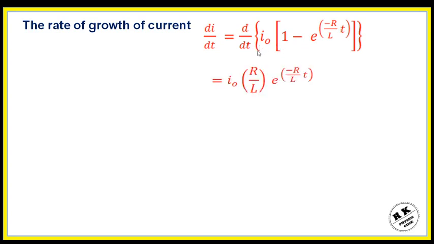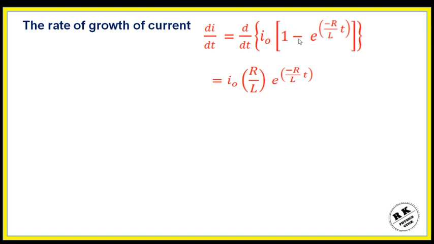On differentiation, if you observe the first term, it is constant 1, it becomes 0. After differentiation of this second term, we know that differentiation of e power ax is equal to a times e power ax. In the place of a, here it is minus R by L. So we get minus R by L times this one.